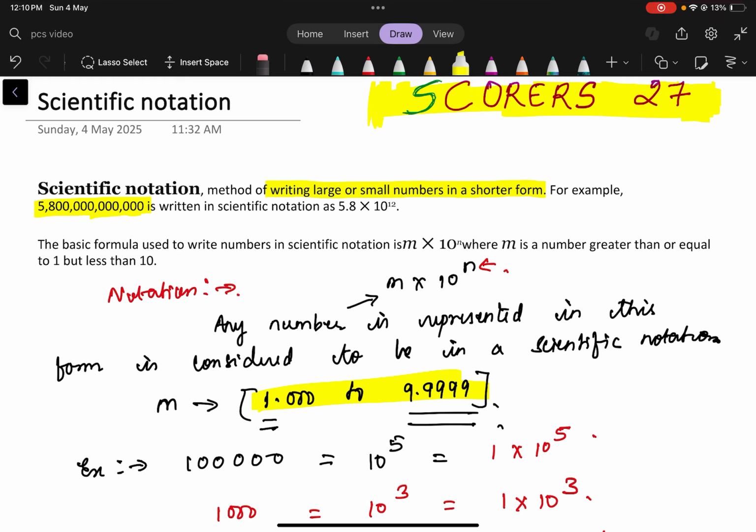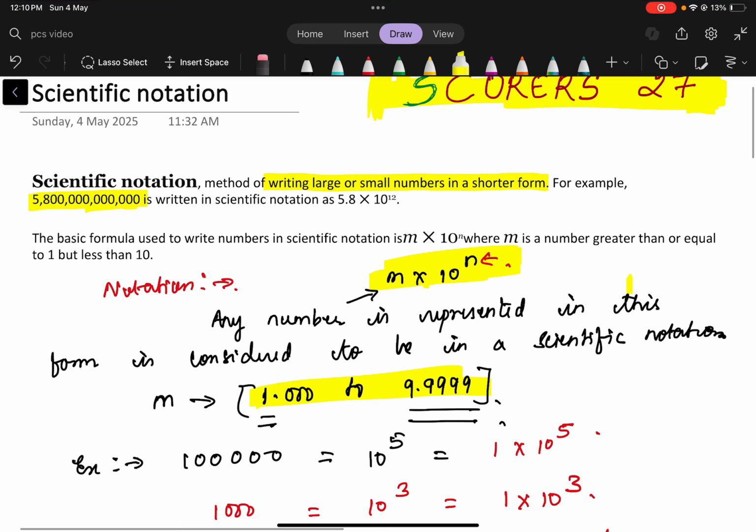Right? So we have learned that in scientific notation, any number is represented in the form of m into 10 to the power n. Here m can take the value between 1 and 9.999; it is always greater than or equal to 1 but less than 10.